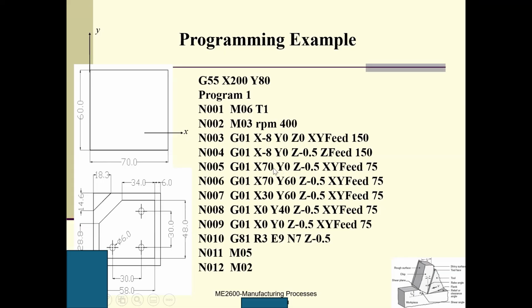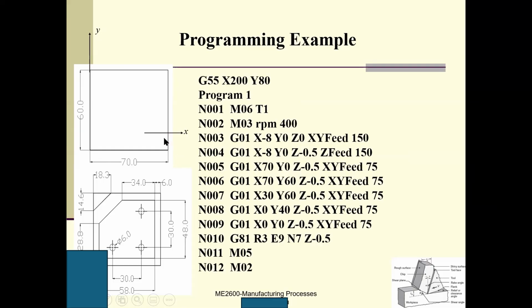And you can go from here, X70, Y0, Z0, go from here to here. Next one, X70, Y6, Z minus 45. So this is X70, Y0.